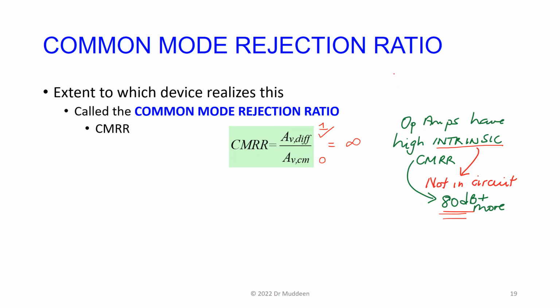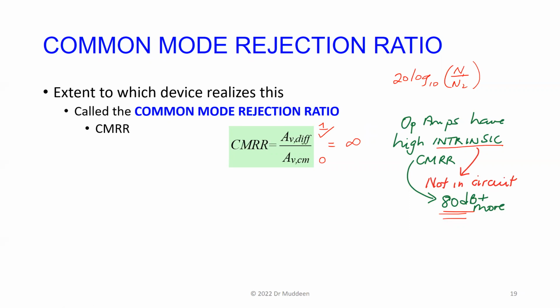If you remember from physics, a decibel is 20 log to the base 10, usually of a ratio of two numbers, N1 over N2. So the common mode rejection ratio is the ratio of AV diff to AV common mode, and because it's usually a very big number, they express it in decibels, which is 20 log to the base 10 of that ratio.